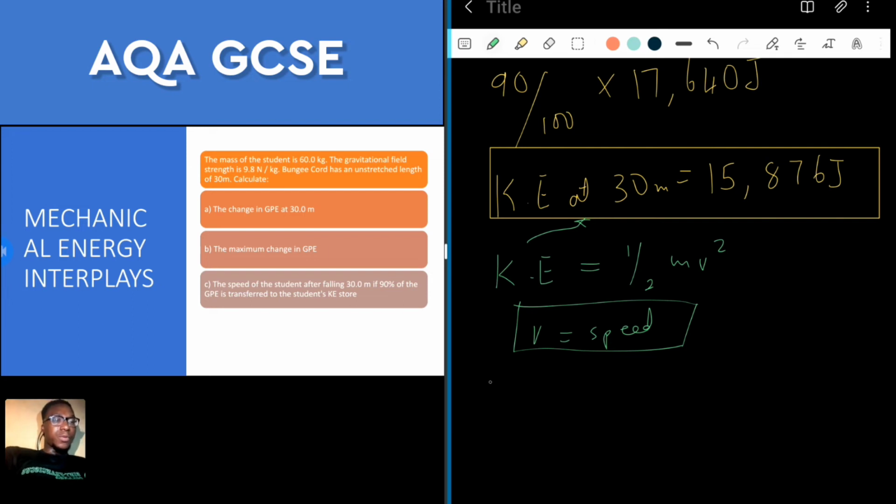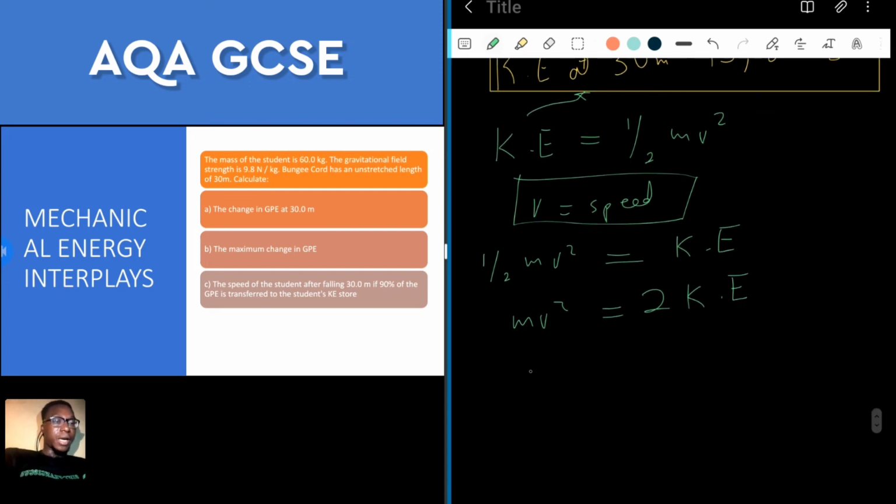So then we'll make v the subject. If you want to make v the subject here, let's just flip this. mv squared equals KE. Then you have 2KE. You do that by cross multiplying. Then you divide by m. You've got 2KE over m.